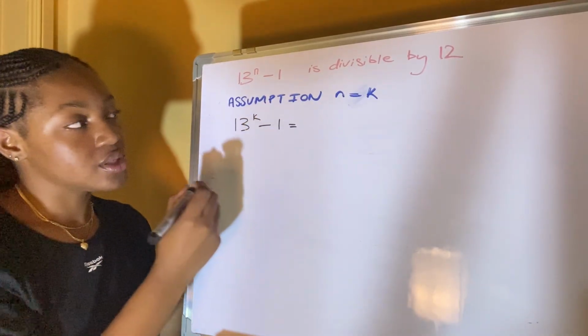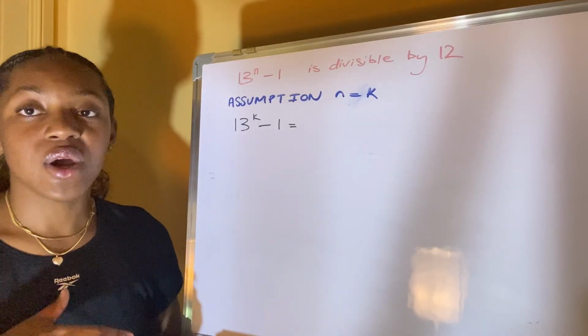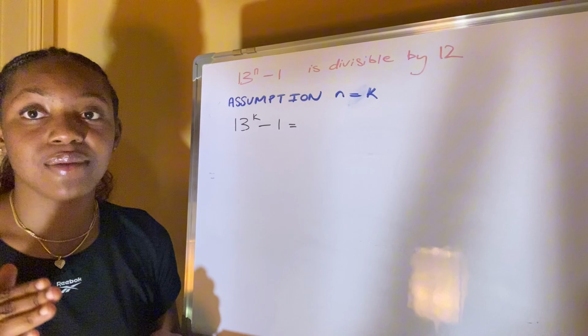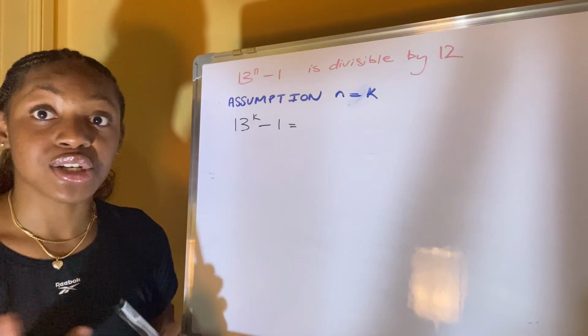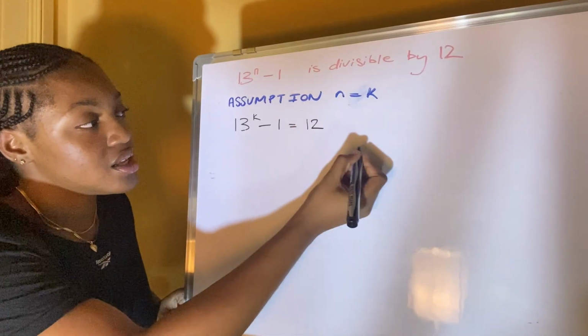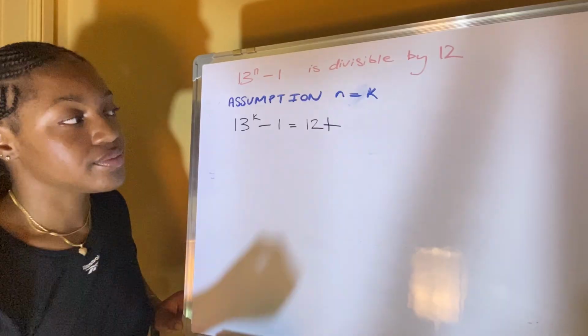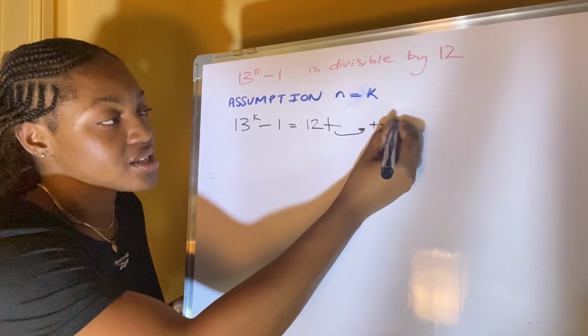And this would be equal to, recall that a number is divisible by 12 when we can write it as 12 times an integer. From the question, we're told that t is an integer. Therefore, we can write this expression as 12 times t. And we know that t is a part of the set of integers.